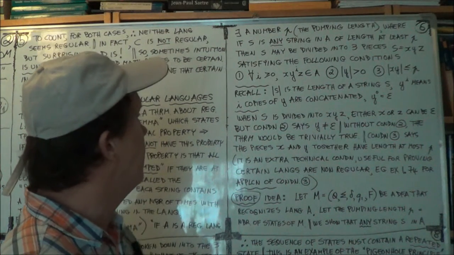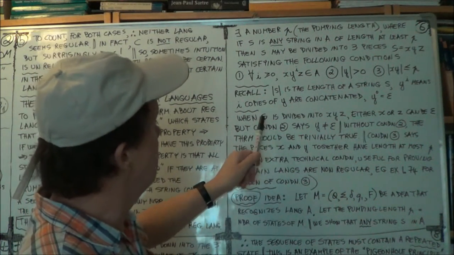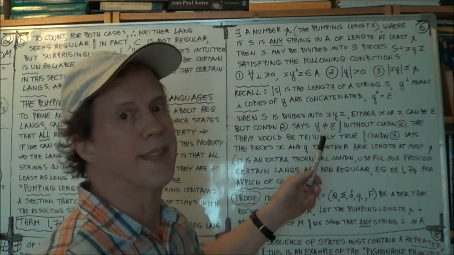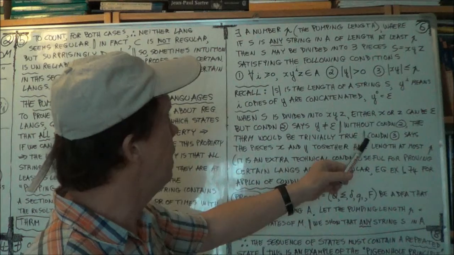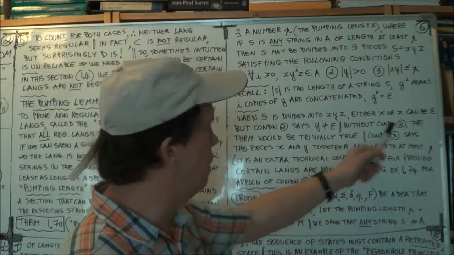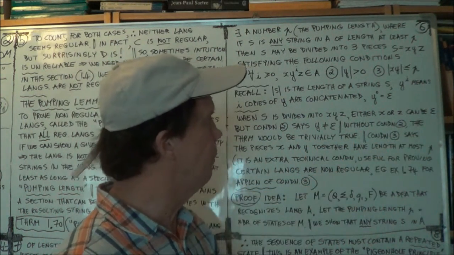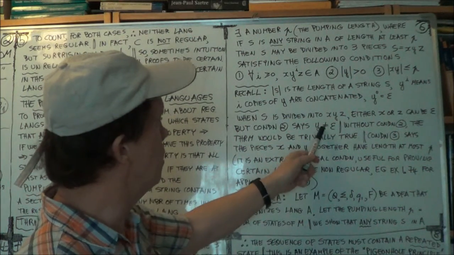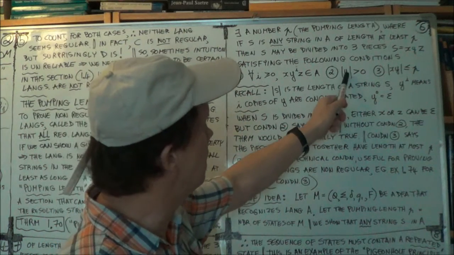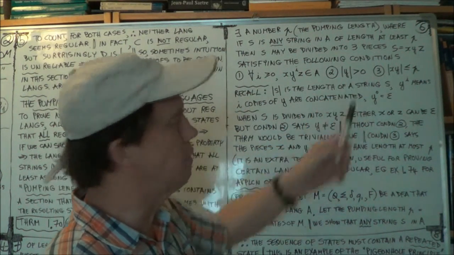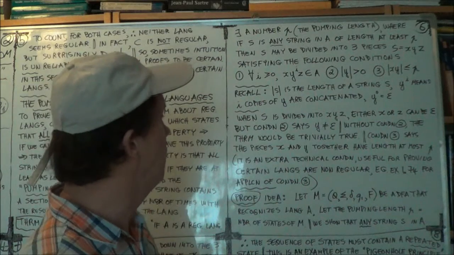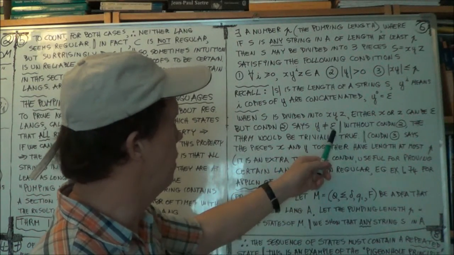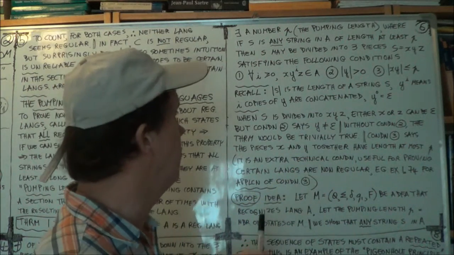Okay. Now when you split your string s into x, y, z, these three substrings, x and z could be the empty string. And you can do that, but y is not allowed to be the empty string. Now that's condition 2 here, because the length is positive, right? Can't be 0. So therefore, your y, the middle part, cannot be epsilon, cannot be the empty string.